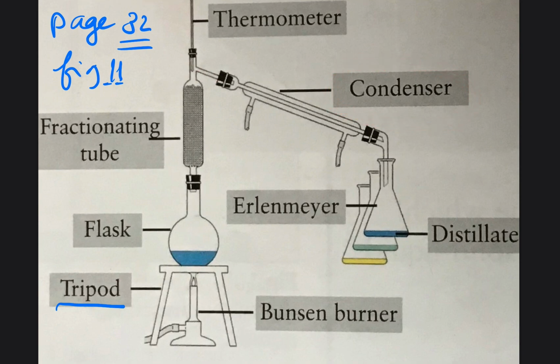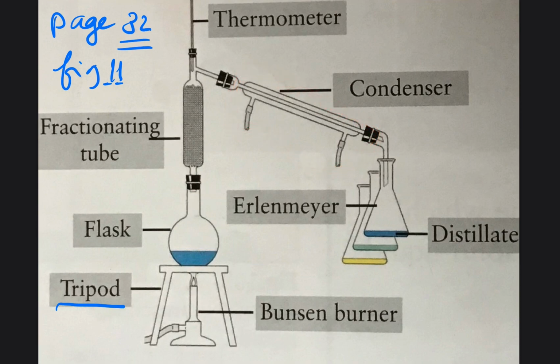Okay, and there's a thermometer up here to measure the temperature so that we know when we change these flasks. So when the temperature reaches 100, we know that it's water that's going to evaporate and go all the way through here, so we change the flask, don't keep the same flask. Anyways, we have the condenser.